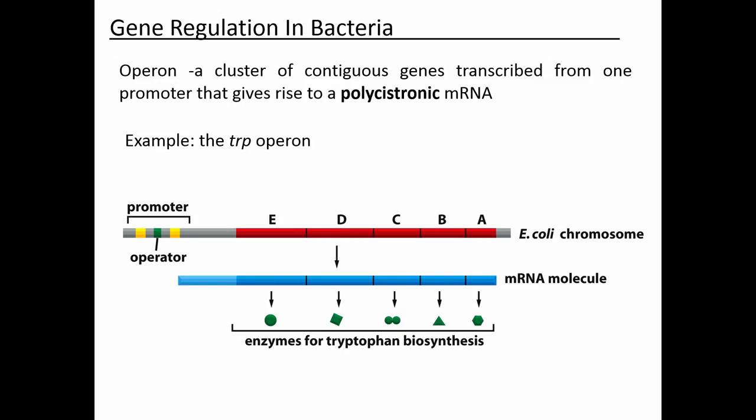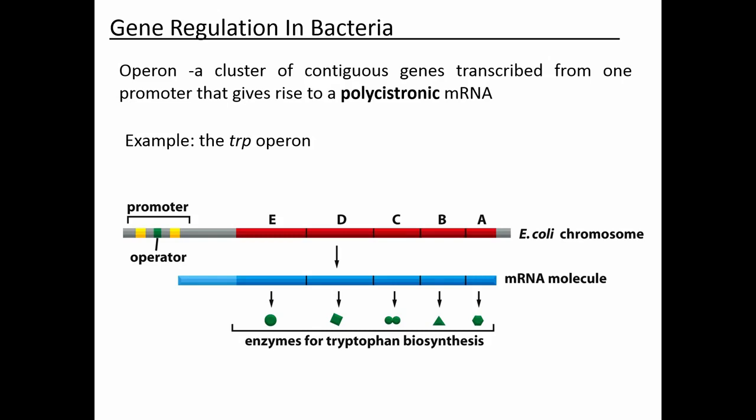One of the advantages of having one promoter controlling the expression of several genes, rather than each being controlled by its own promoter, is that the different genes that are part of an operon are involved in the same process. We will discuss this for the TRP operon and also the LAC operon.